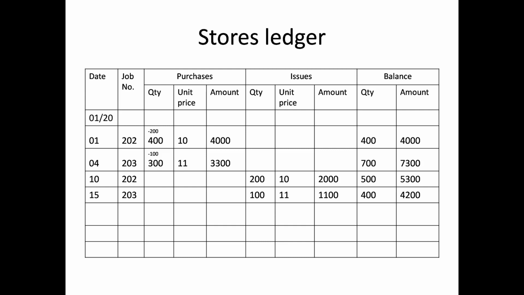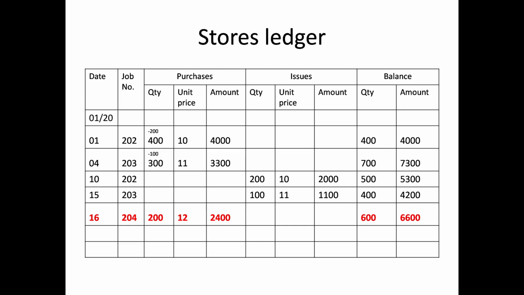That's January 16. Under receipts. Under dates, enter 16. It's 200 units for job number 204 at 12 per unit. Under quantity, 200. Under job number 204 and the unit price is 12.